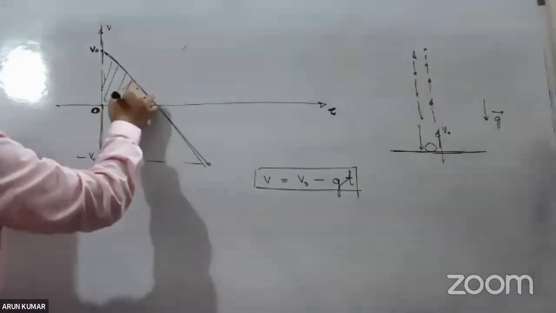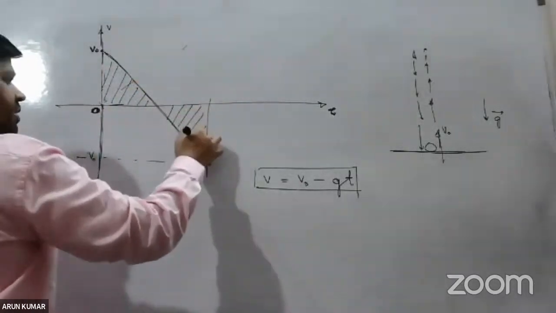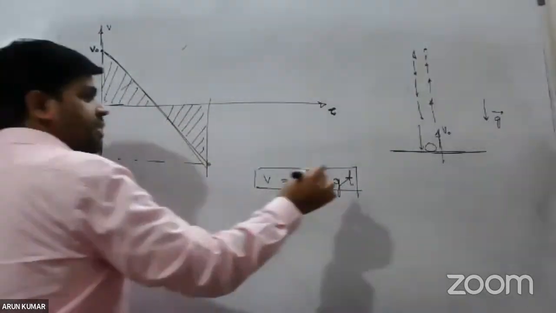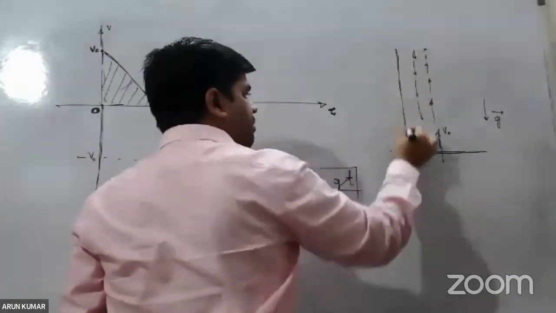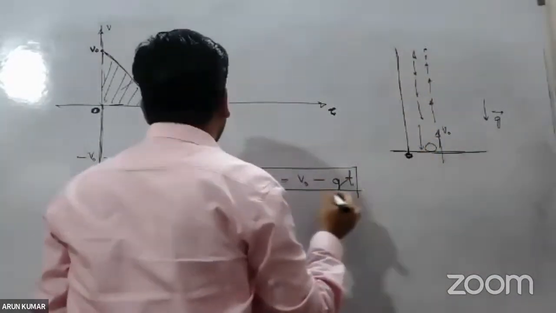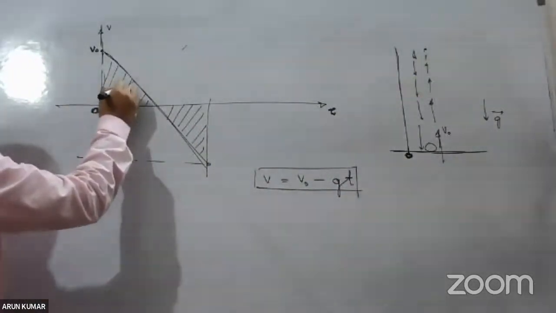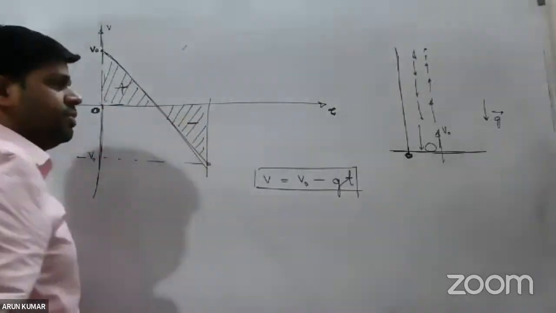This area is equal to this area, so it's at ground again. Displacement is 0. It started from 0, went up, and came back to the same position. So the area under the graph will be 0. The positive area and negative area cancel out, so displacement is 0.